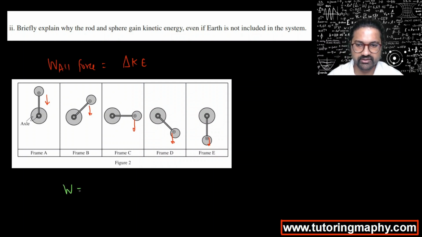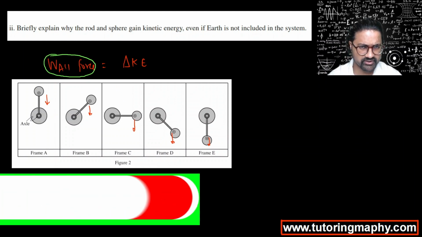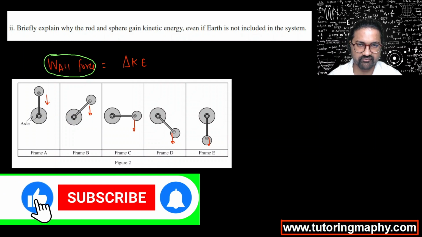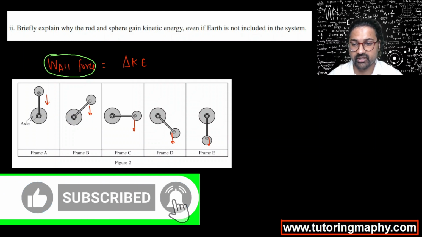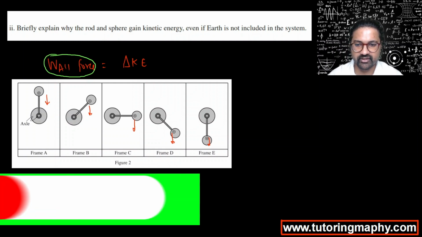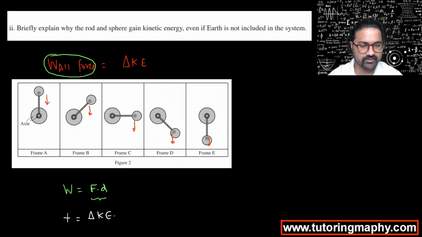Because the work done is given by F dot d. Force and displacement are in the same direction. It means that the work done has to be positive. So can I say that the work done by all the forces, and basically all the forces is just the gravitational force because that's an external force, is positive, with what I just justified? And if it is positive, can we say that this is equal to the change in kinetic energy?